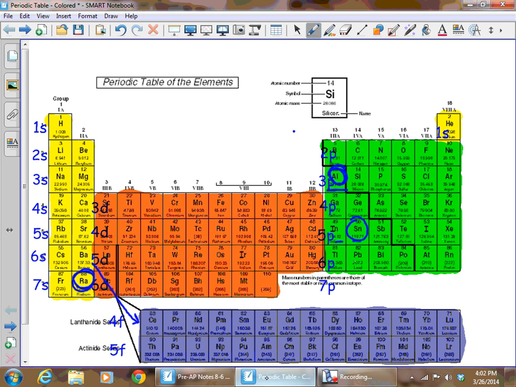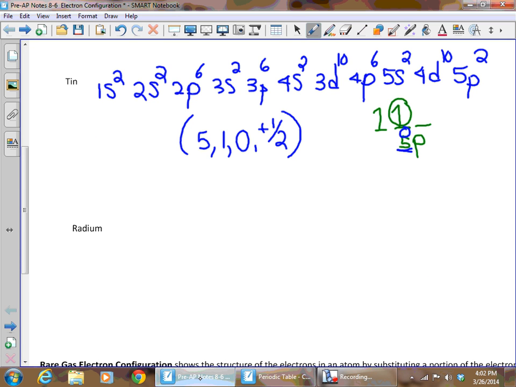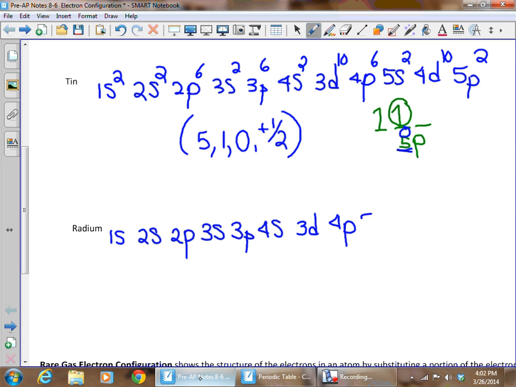So let's go back and let's write those in order. For radium, again, we have 1s, 2s, 2p, 3s, 3p, 4s, 3d, 4p, 5s, 4d, 5p, 6s.